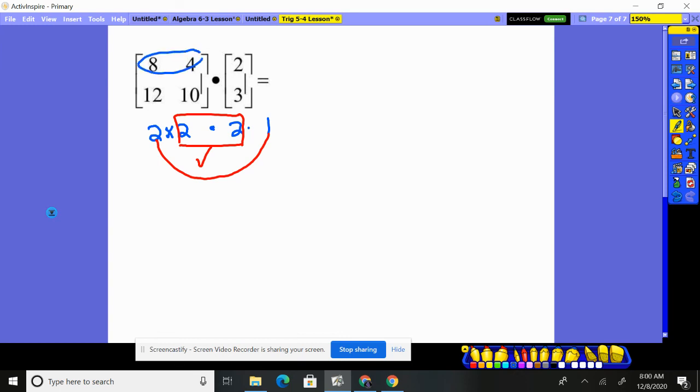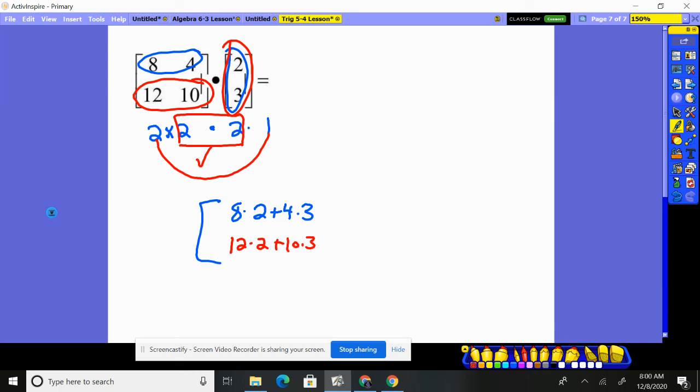So I do first row times first column. I got 8 times the 2 plus 4 times the 3. Then I'm going to do first row times the next column. Oh, there isn't one, so I move on. Second row times first column. So 12 times 2 plus 10 times 3. And we're done.